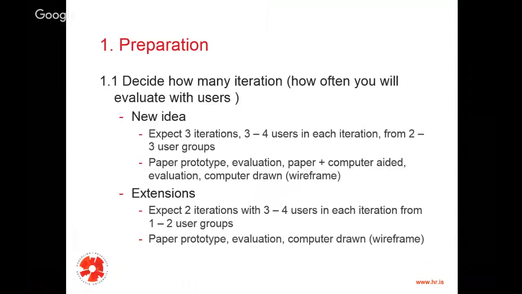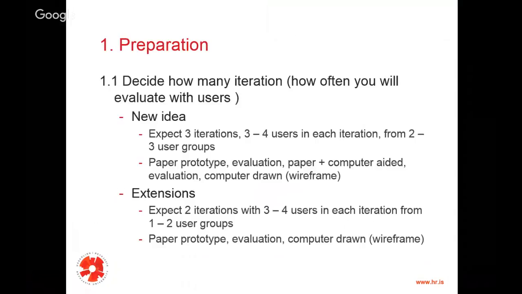So you have to decide the level of the prototype at first. And if you have a totally new idea, like you have in your project now, you could expect 3 iterations at this stage. And we would like you to have 3 or 4 users in each iteration.